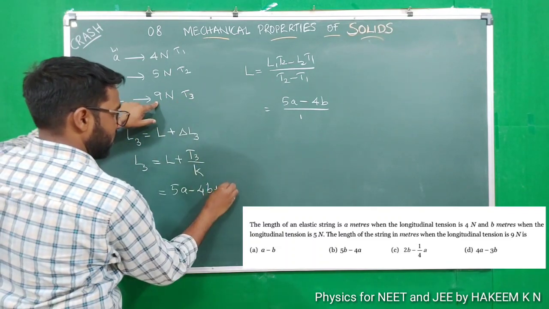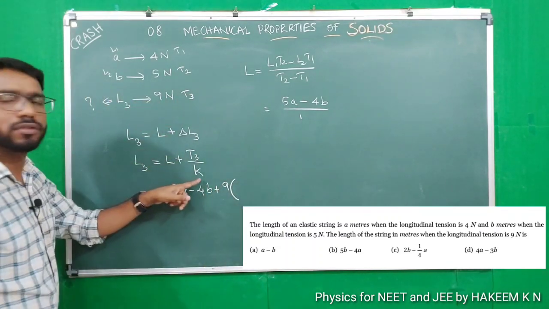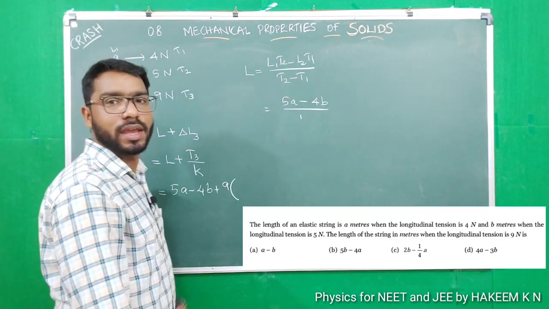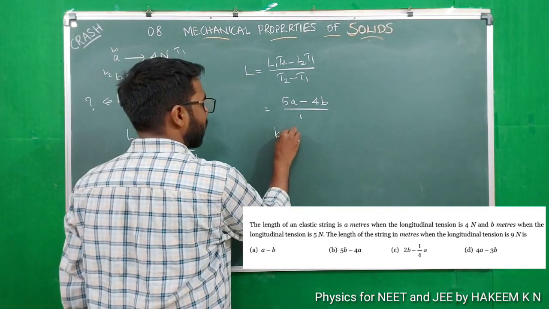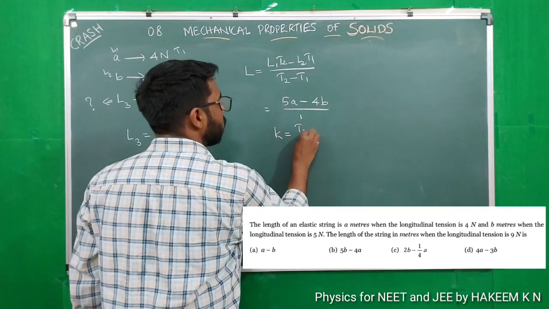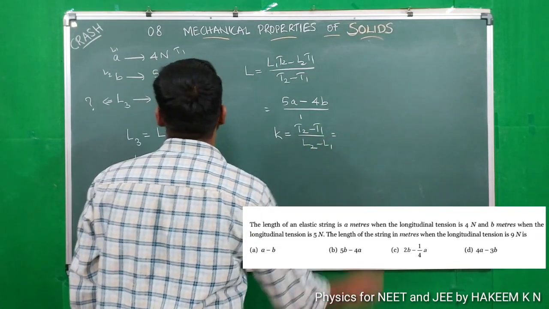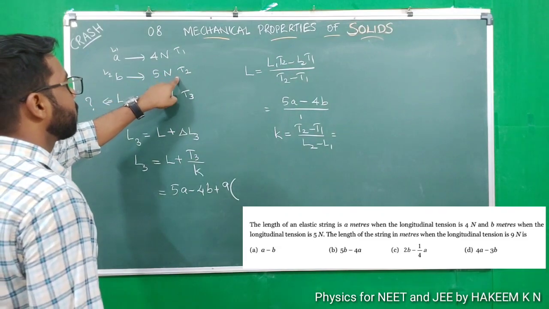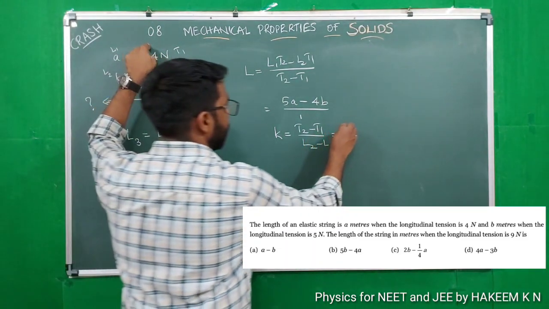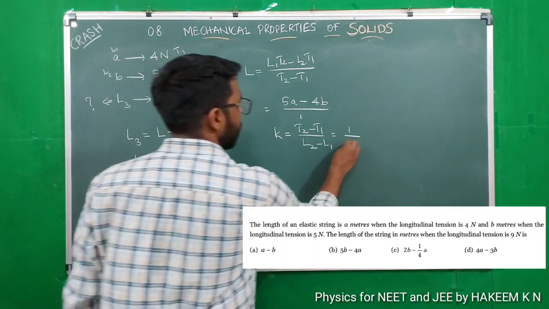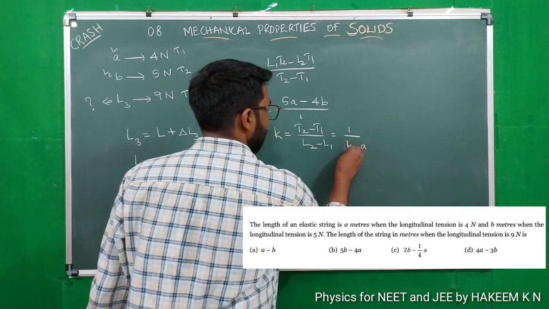T3 is 9 into, we have to find K, 1 by K. What is the K equation? K equal to T2 minus T1 by L2 minus L1.